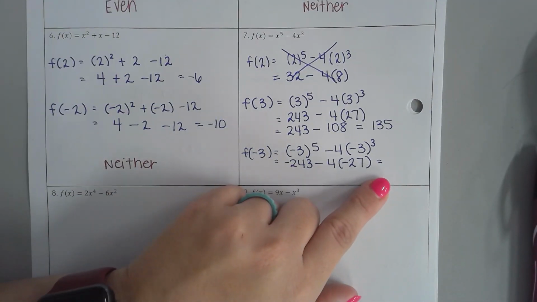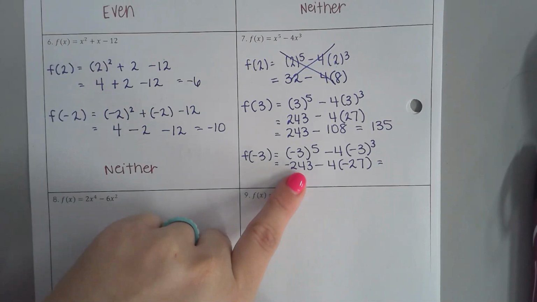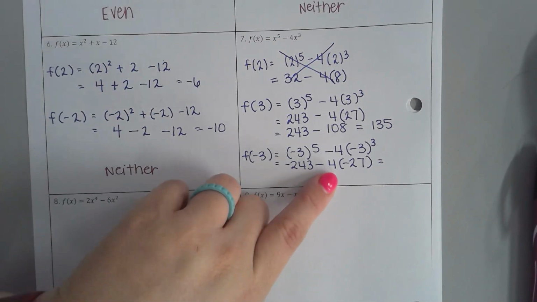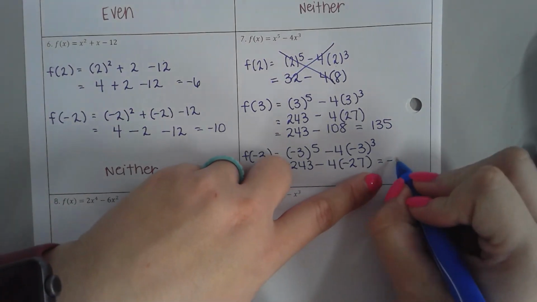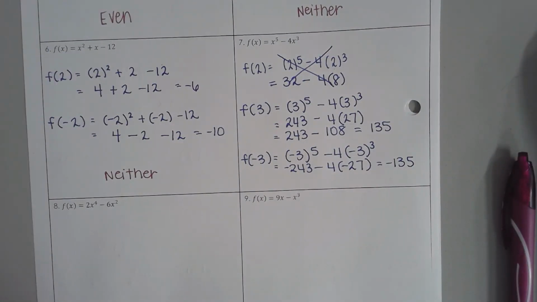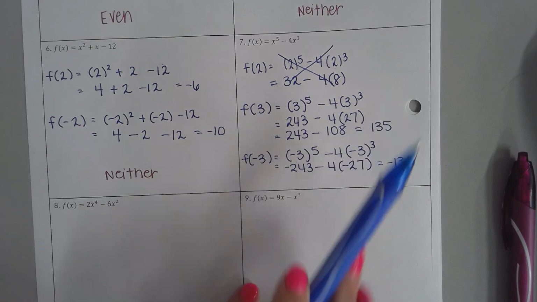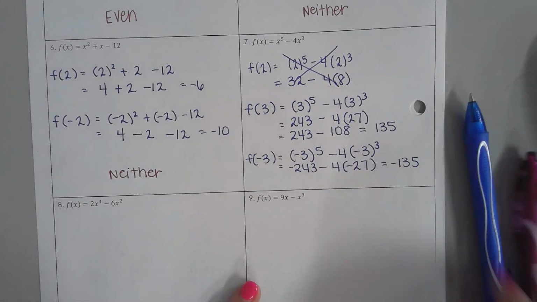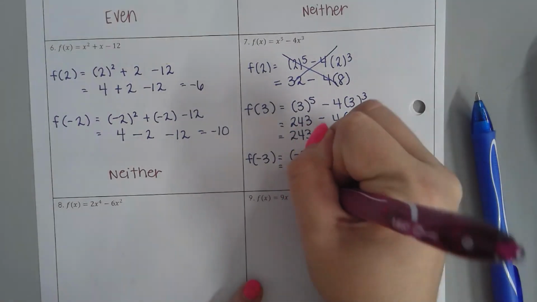If you solve this, it would be negative 243 plus 108, which is negative 135. See how I have a positive and a negative 135? That's what makes it an odd function.